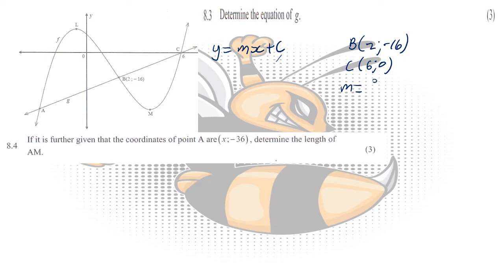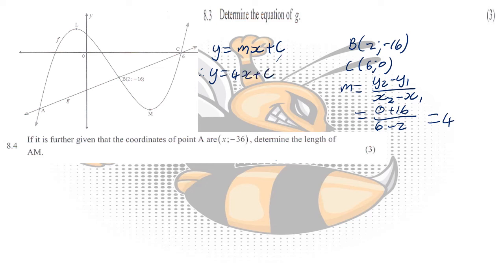The gradient formula is m equals y2 minus y1 over x2 minus x1, and then we get 0 plus 16 over 6 minus 2, which equals 4. Then I can substitute that gradient into my straight line equation. Thus y equals 4x plus c.